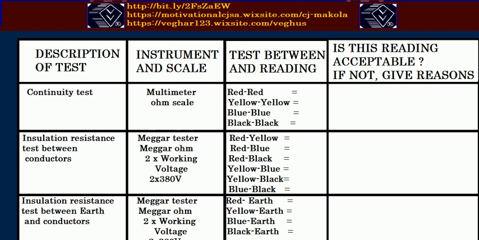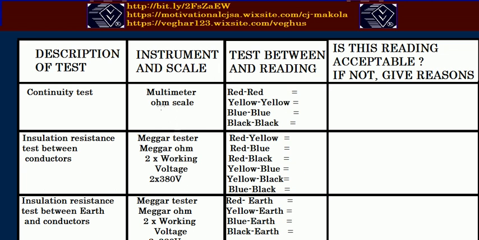So we're going to fill in this one. First of all, write the description of the test: a continuity test, an insulation test between conductors, and an insulation test between conductors and earth. The instrument we are using is a multimeter.